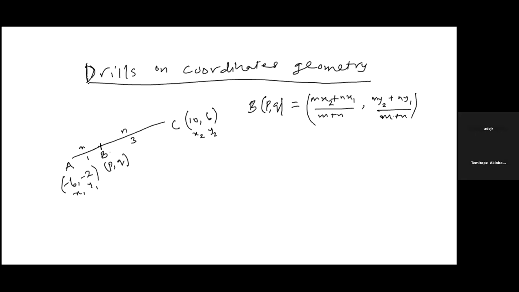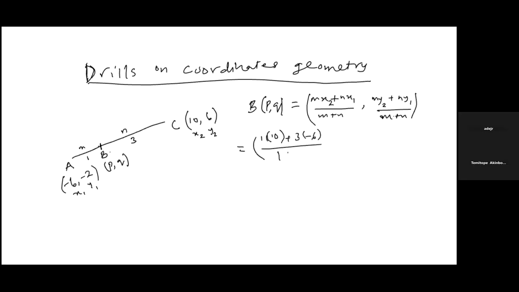So I will now substitute values for M, N, x1, x2, y1, y2 appropriately. So M is 1 times x2. x2 is 10 plus N, which is 3, times x1. x1 is -6 over 1 plus 3.